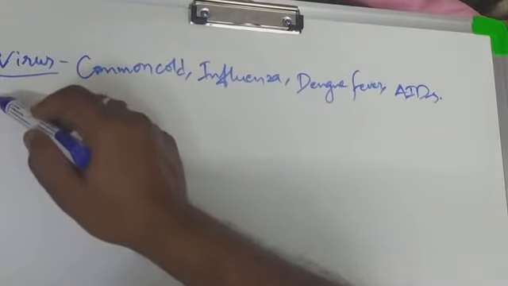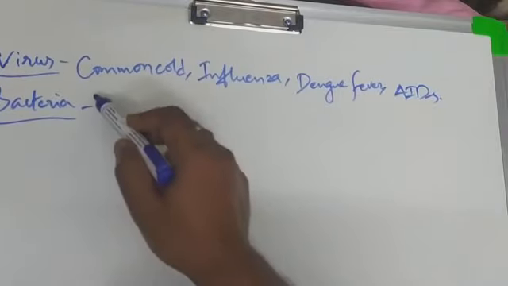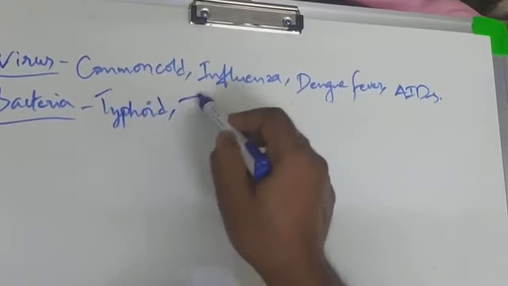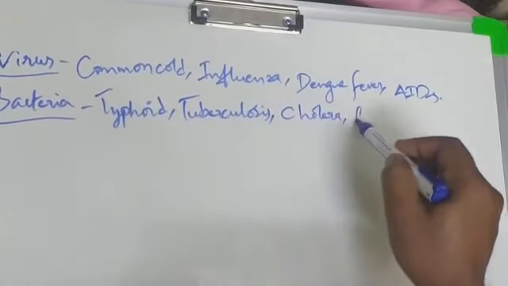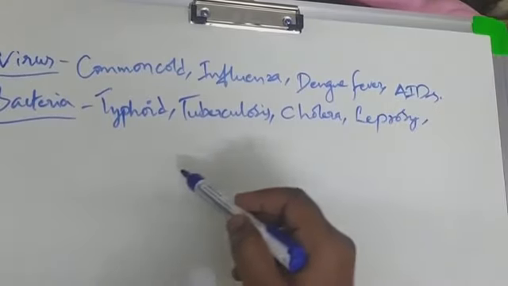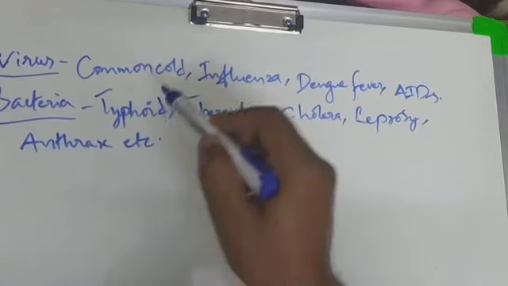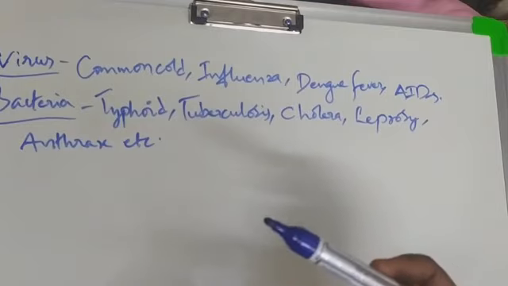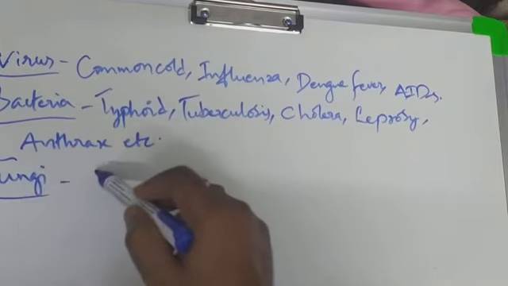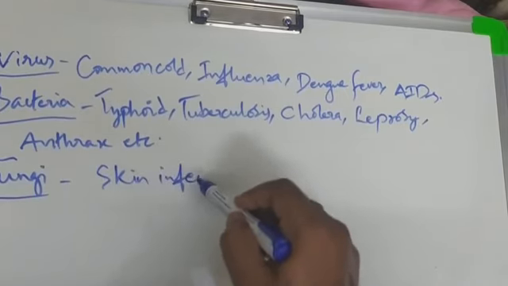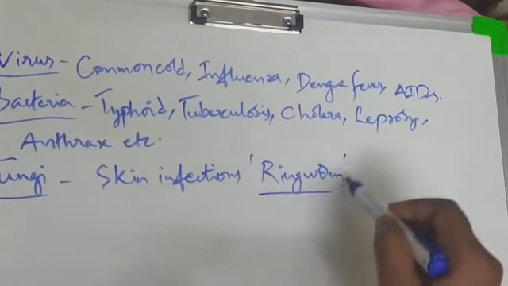And diseases caused by bacteria are typhoid, tuberculosis, cholera, leprosy, anthrax, etc. Some diseases are caused by different kinds of fungi, especially skin infections like ringworm disease.